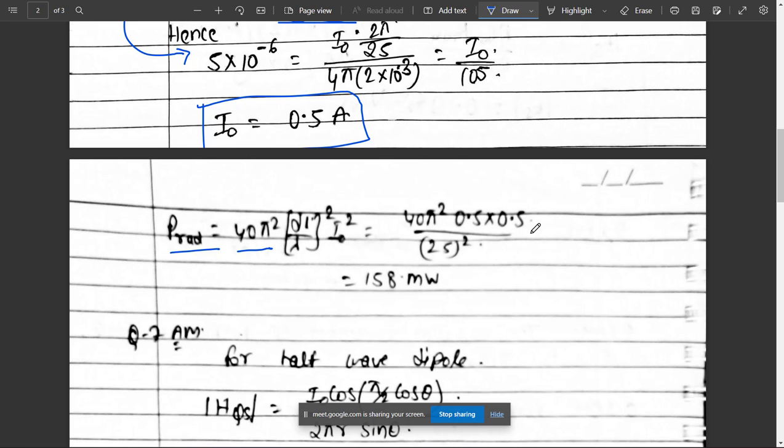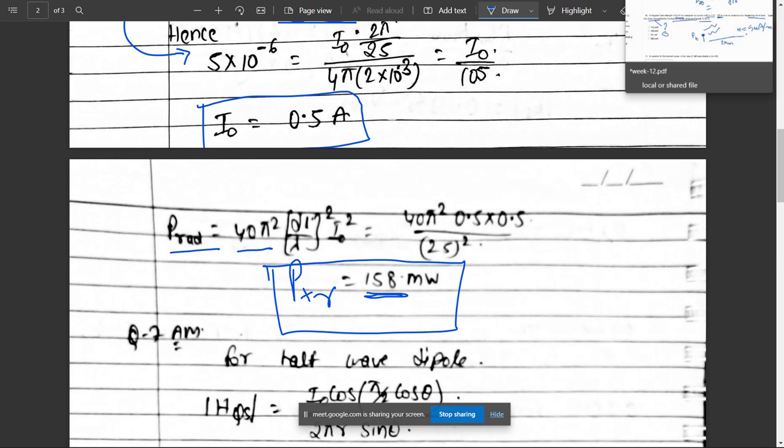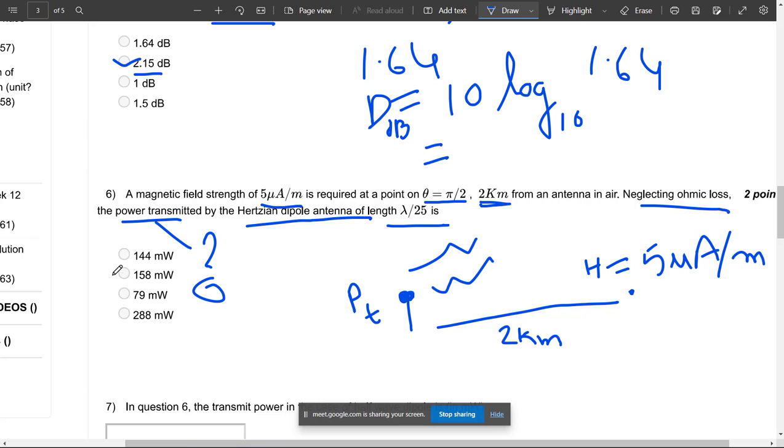So we know the value of I naught, we know the value of L by lambda, we know the value of 40 pi square. We will put all the values here, and we get P transmitted or radiated equal to 158 milliwatts, right? Any doubt here?